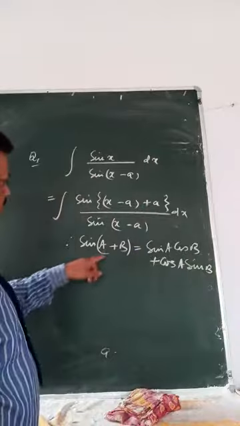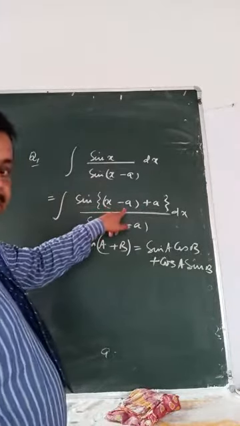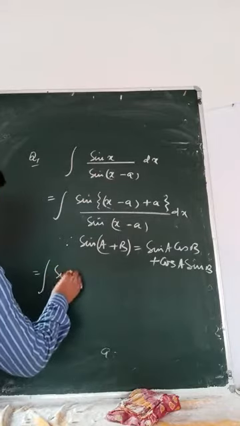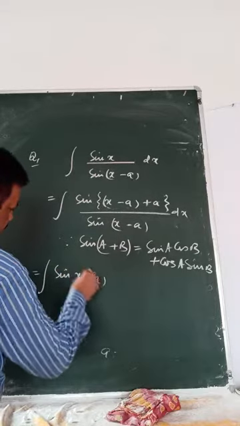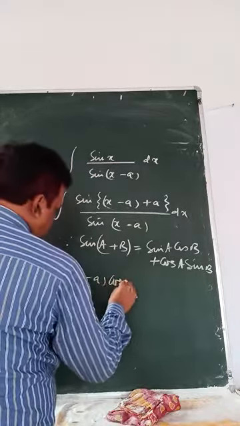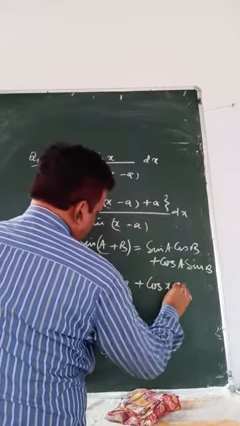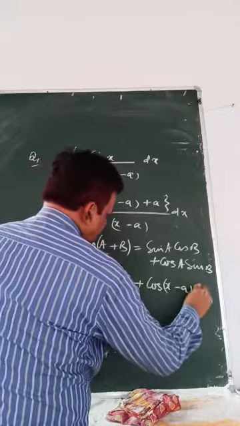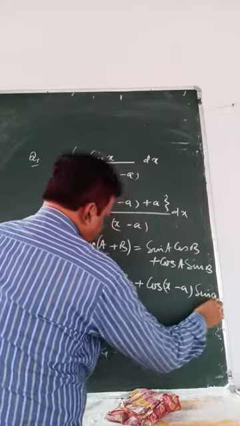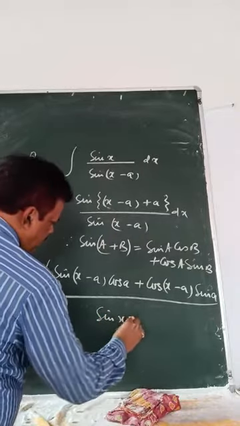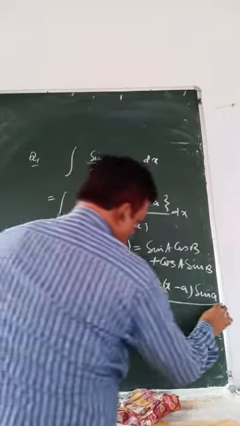What is a here? A is x minus a, so that will be sin x minus a cos a plus cos x minus a sin a, divided by sin x minus a dx.